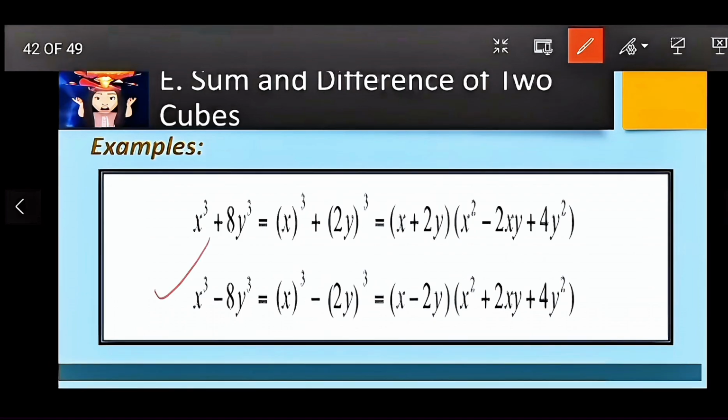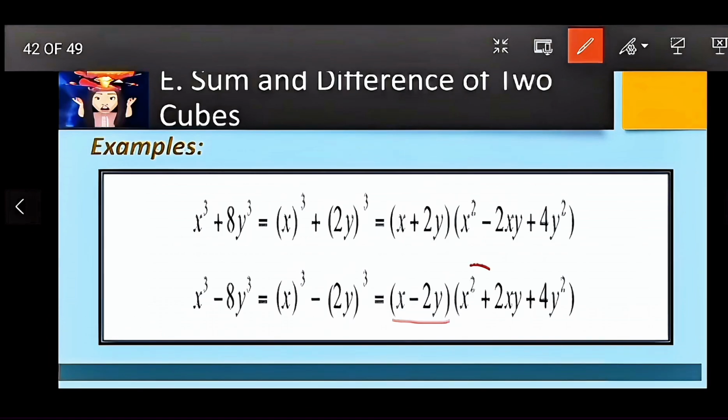So the given is x cubed minus 8y cubed, which is equal to x raised to 3 minus 2y raised to 3. So this is our first term and our second term, which is x minus 2y.